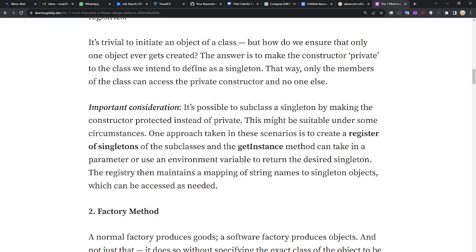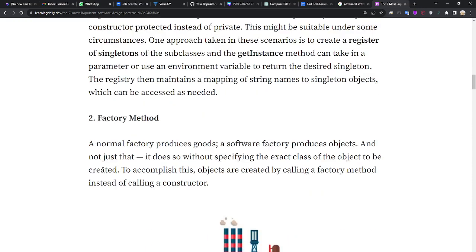One approach taken in these scenarios is to create a registry of singletons of the subclass, and the getInstance method can take in a parameter or use an environment variable to return the desired singleton. The registry then maintains a mapping of string names to singleton objects which can be accessed as needed.